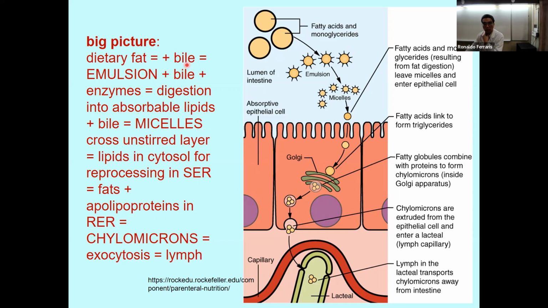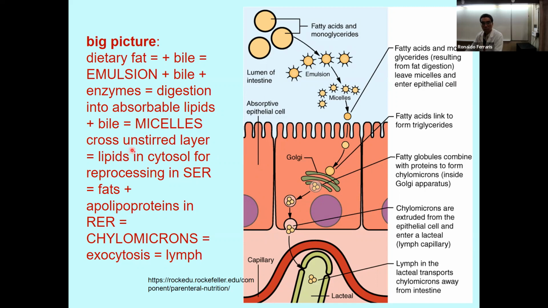So your bile makes sure that emulsions are made, then bile and your enzymes digest your lunch into absorbable lipids. Again, these absorbable lipids encounter bile, and bile makes micelles out of these absorbable lipid digestion products.